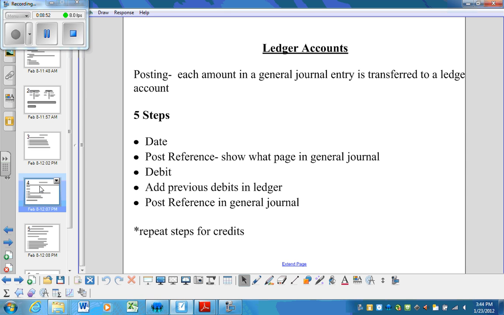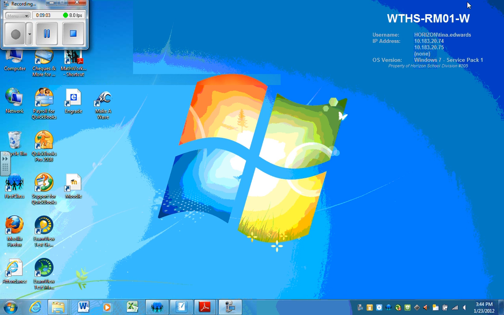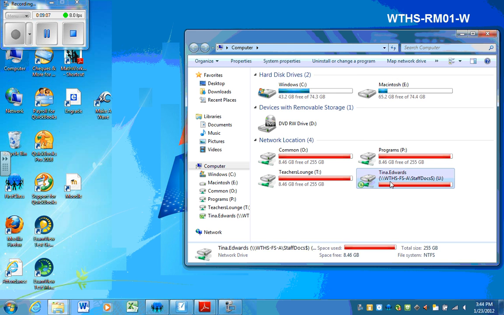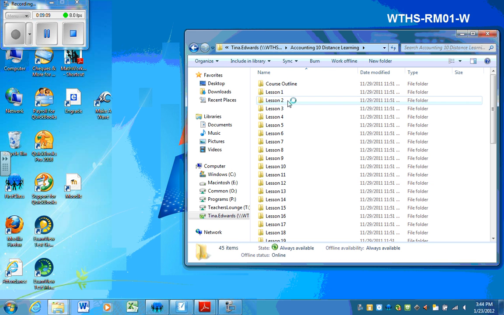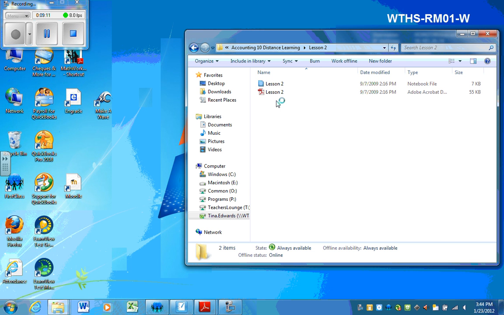Okay, there's also something called posting into ledger accounts. I'm just going to open that up for you to show you what it looks like. I'm hoping I have one here for you.